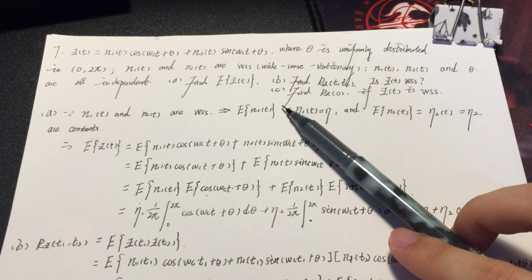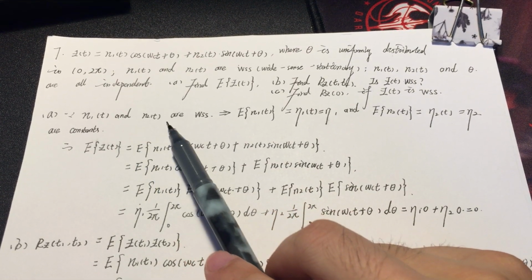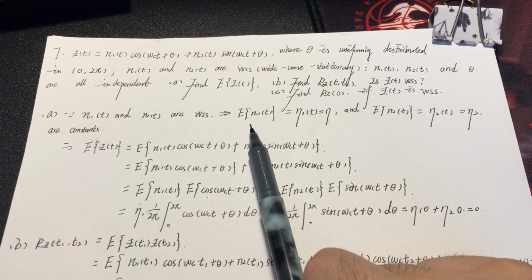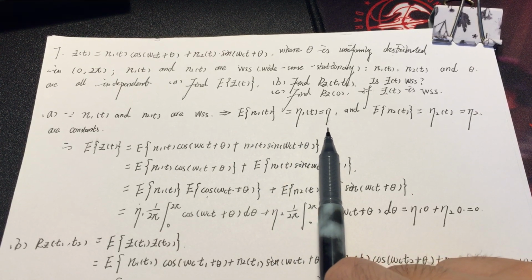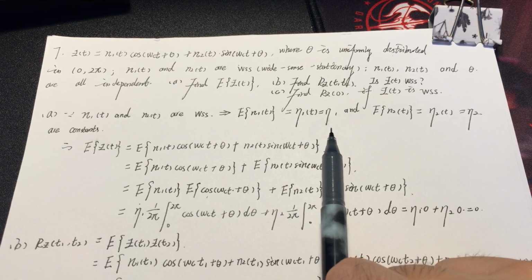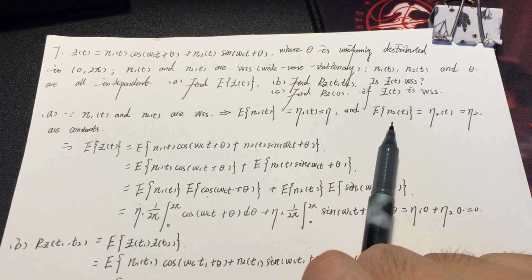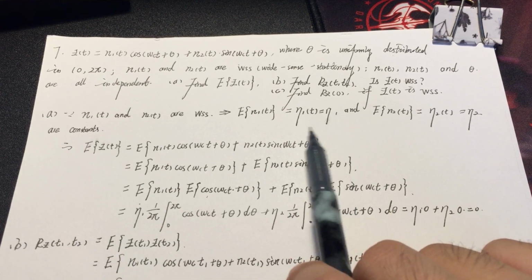If N1(t) and N2(t) are wide-sense stationary, we can easily calculate that the expectation of N1(t) is equal to a constant number. We can write it as A, and the expectation of N2(t) can be written as B. They are all constant.